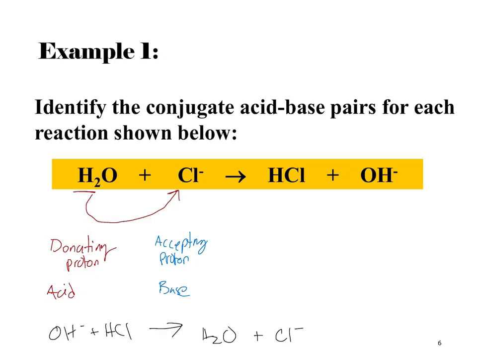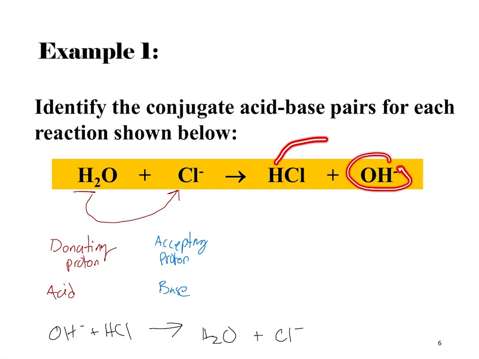This is just the same reaction, just written in the opposite order, right? What is OH minus doing here? Is it accepting a proton or is it donating one? It's accepting one, right? It's taking this proton to become H2O, which is what's happening in the above opposite reaction.